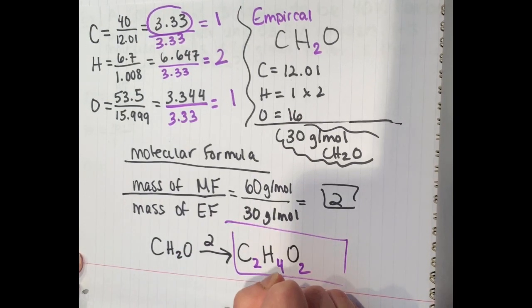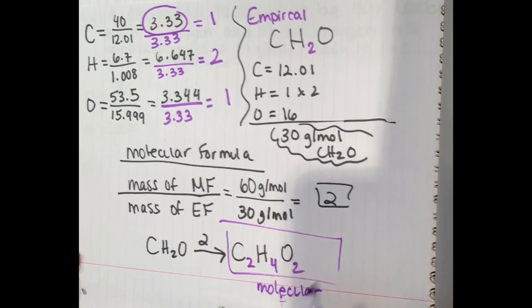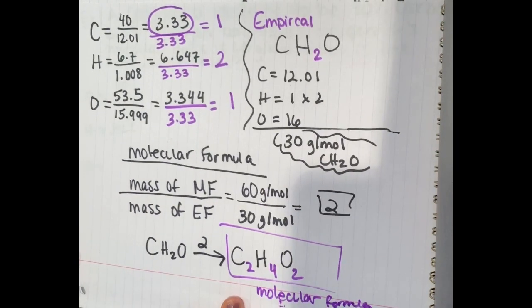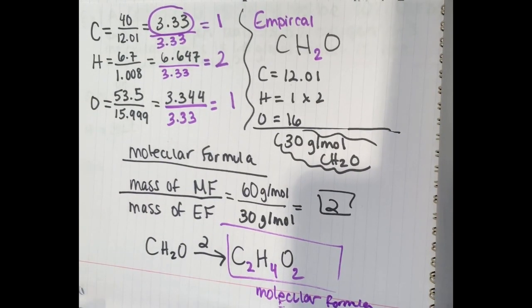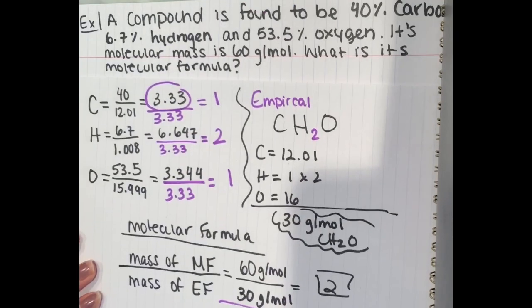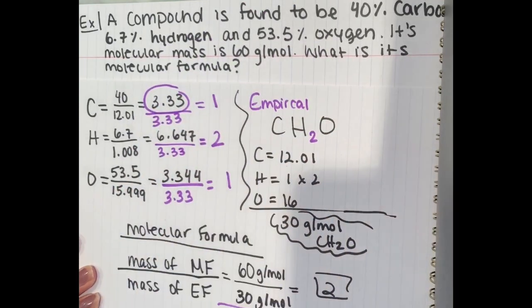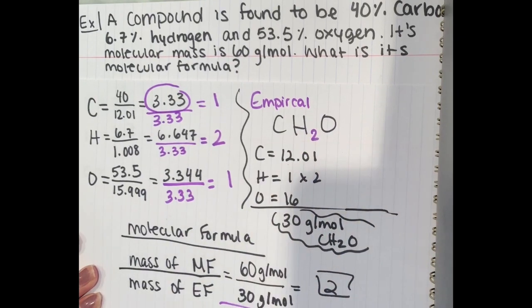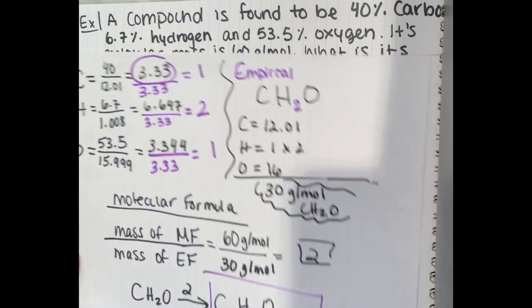And that's your molecular formula. And that is your final answer. So this was a 2-step problem. You have to use the percent compositions to figure out your empirical formula, and then use your empirical formula to get to your molecular formula.